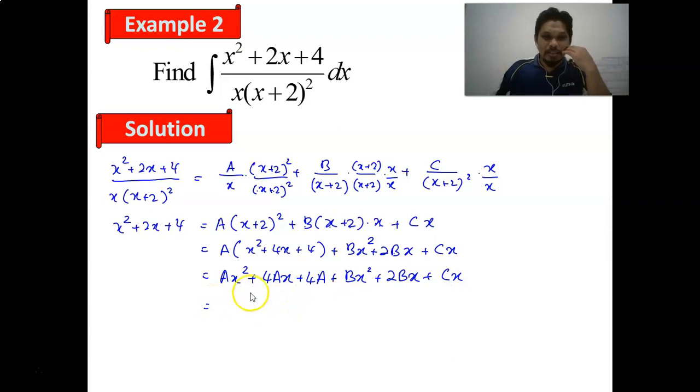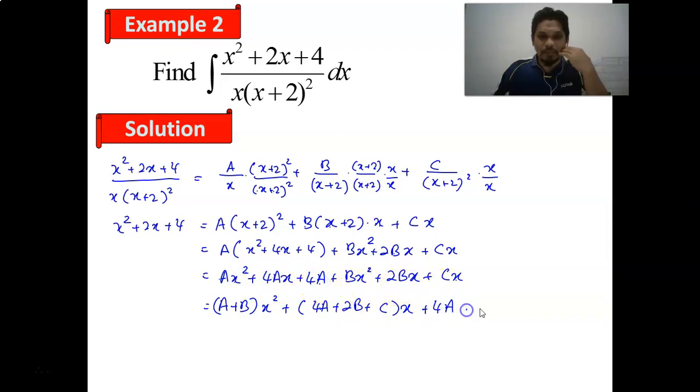Okay, so then we get x squared, and the x squared coefficient is a plus b. Then the coefficient of x: 4a plus 2b plus c. And the constant is 4a only.